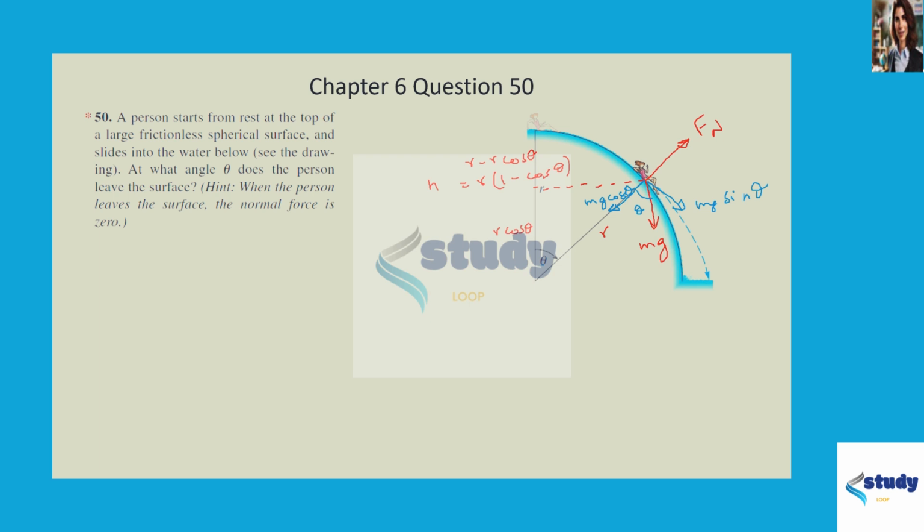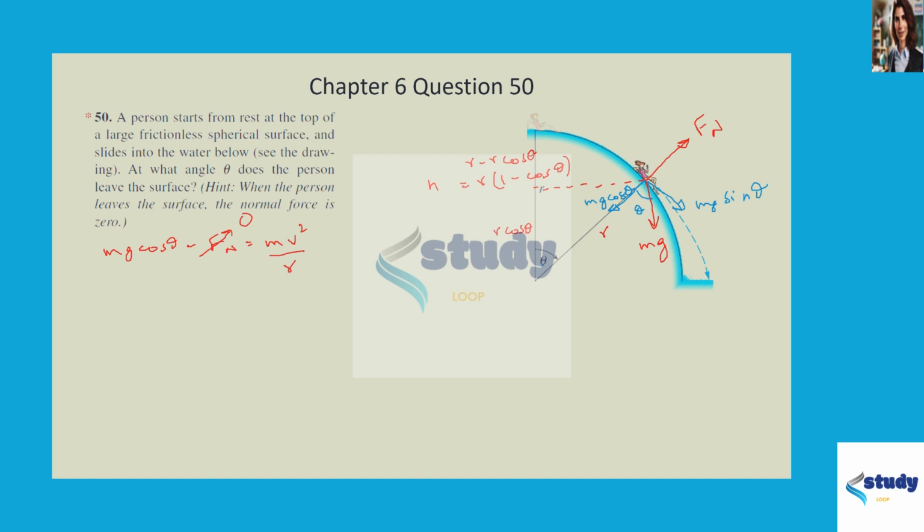Now when I look at the free body diagram, the component of weight that's pointing towards the center is mg cosine of theta. So mg cosine of theta minus Fn should equal the centripetal force, because the person is moving in a circular path. And at the point where they just lose contact, Fn will be equal to 0.